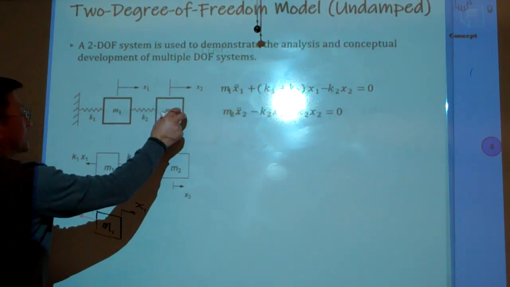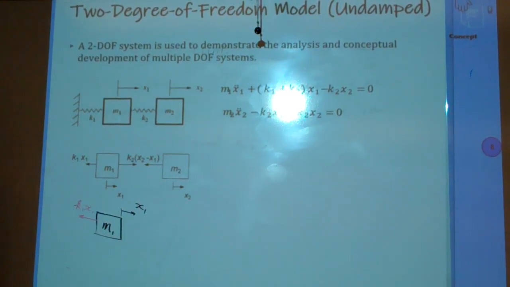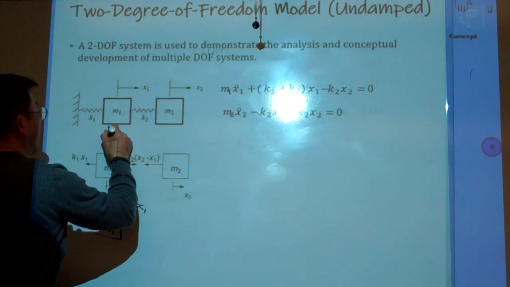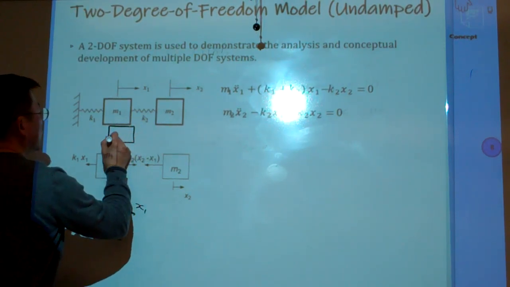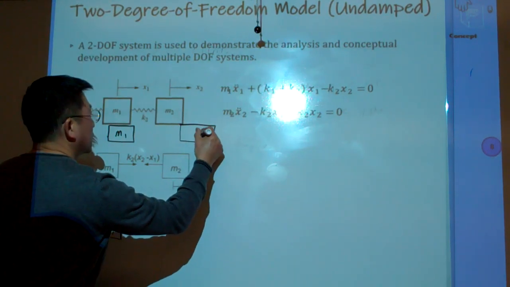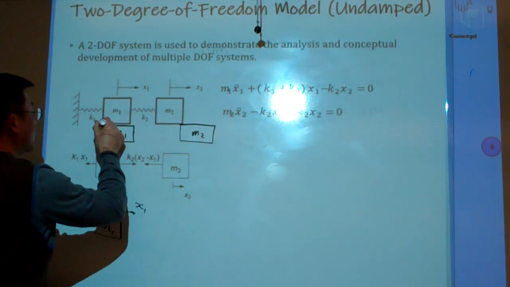On the other side, for my formulation purpose, I give you a tip. It will be easier for you to imagine mass m1 moves to here and mass m2 moves to here. So here you can see what I'm drawing.